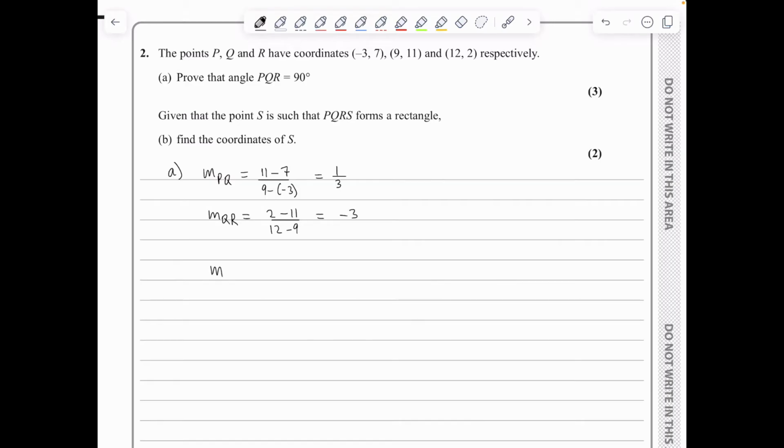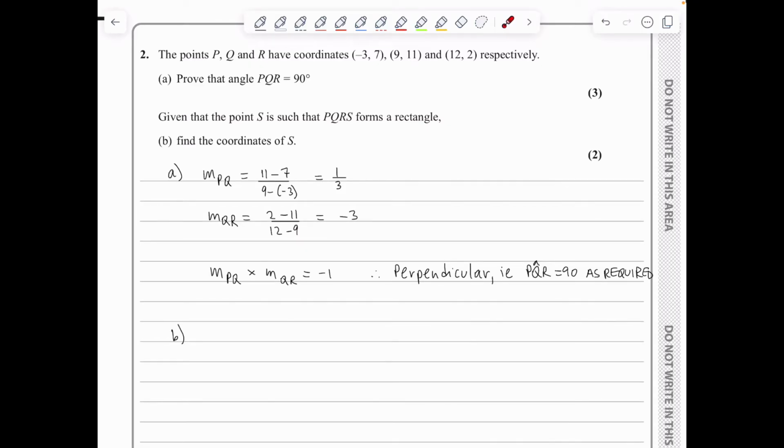We notice that the gradient of PQ times the gradient of QR gives a result of -1. And therefore we conclude that the two lines are perpendicular and therefore PQR is 90 degrees as required. It is imperative that you show that the two gradients multiply out to -1 to get the final mark.